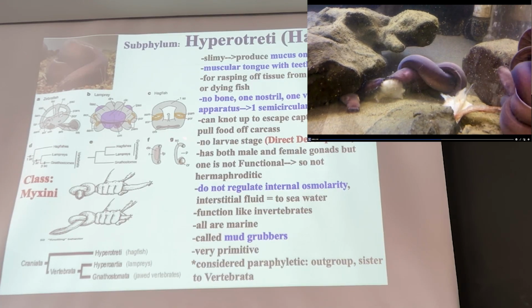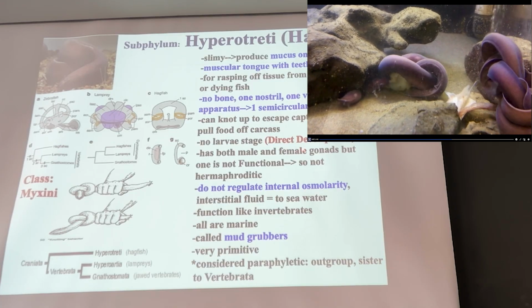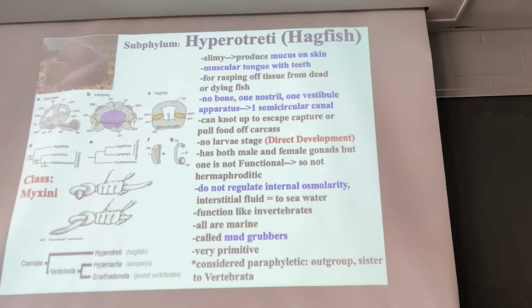There's no larval stage. So these are an example of a typical organism that has direct development, right? Just like you. They're born into a little miniature hagfish that grows into an adult hagfish. So there's no larval stage like mammals. They both have male and female gonads. So they are hermaphroditic or monoecious.